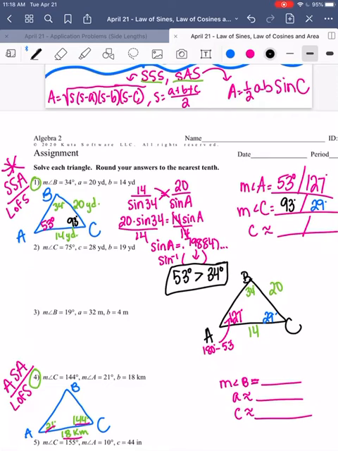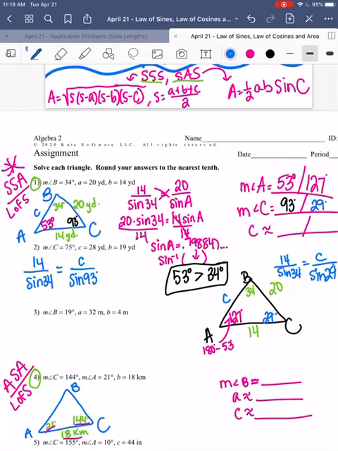And so for the first triangle, I'm sorry, I'm running into the other problem, but that's okay. So I'm going to do C over sine of 93, and I'm going to put it equal to 14 over sine 34. And then for this one, I'm going to do something very similar. So I'm going to do 14 over sine 34 equals C over sine 29.